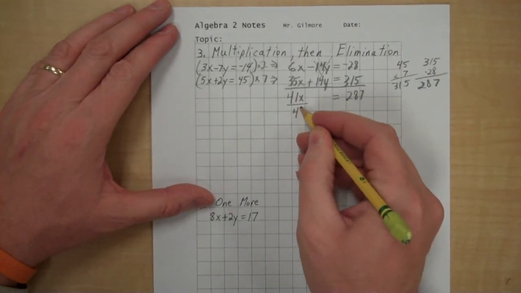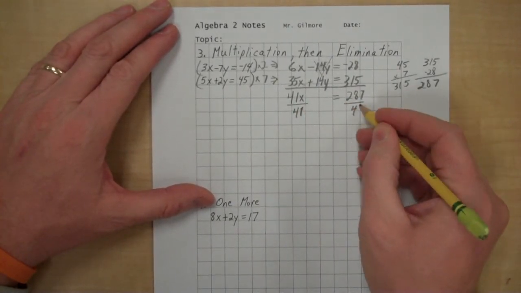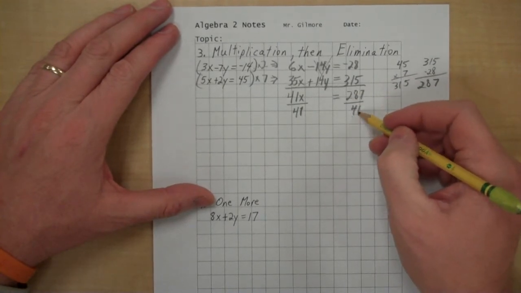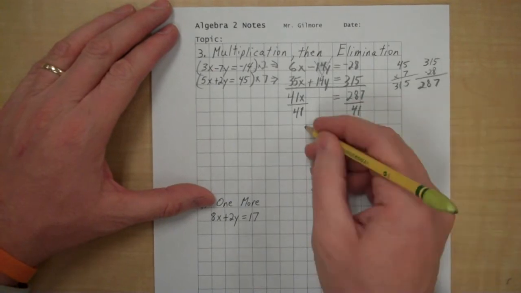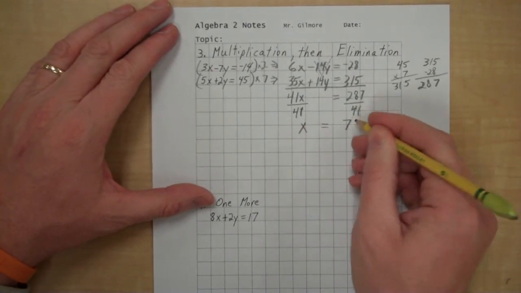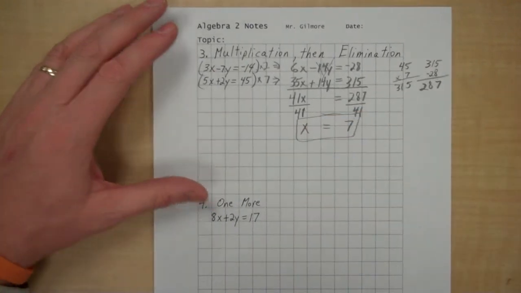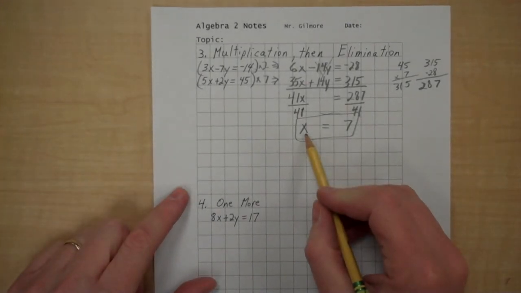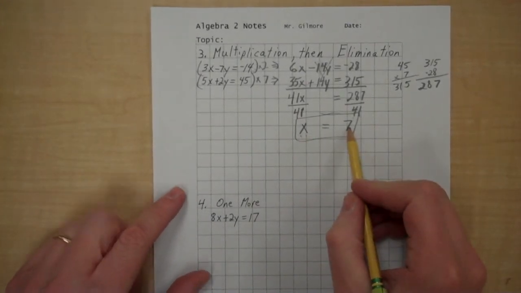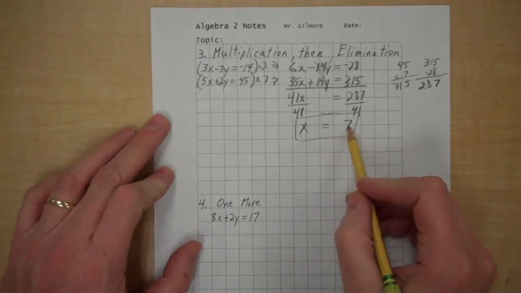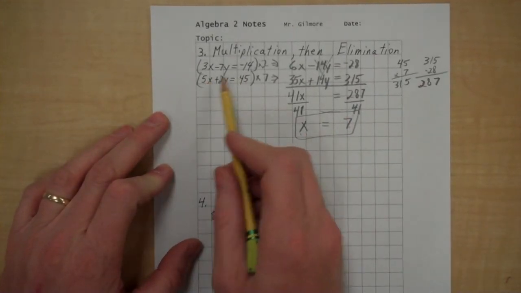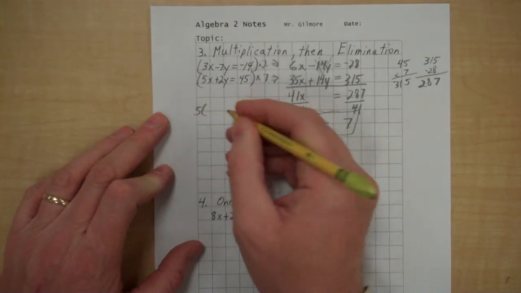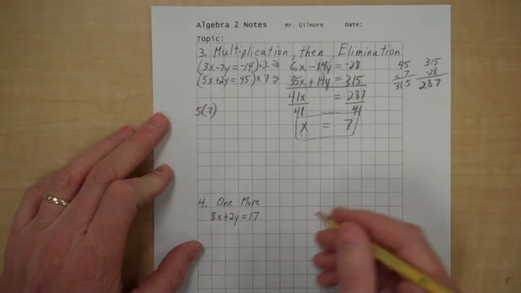Divide by 41. Divide by 41. I know 41 times 7 is 287. So that has a nice answer. X equals 7. As big as the numbers were looking, we thought maybe we'd be in trouble. X is 7. Now I'm going to use the fact that x is 7. I'm going to use the second equation to find y. And I'm going to replace the x with 7.